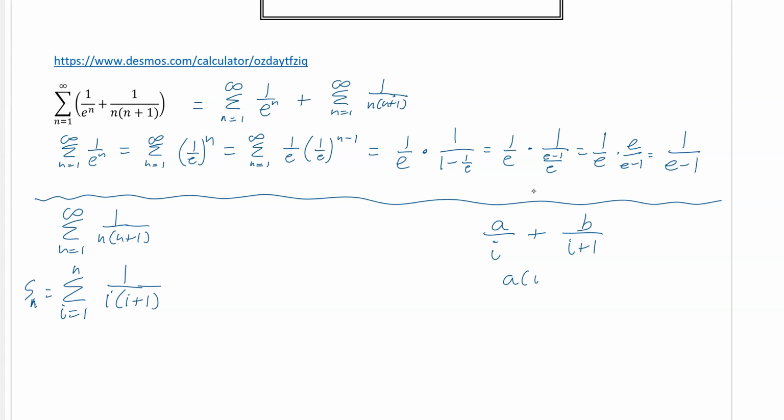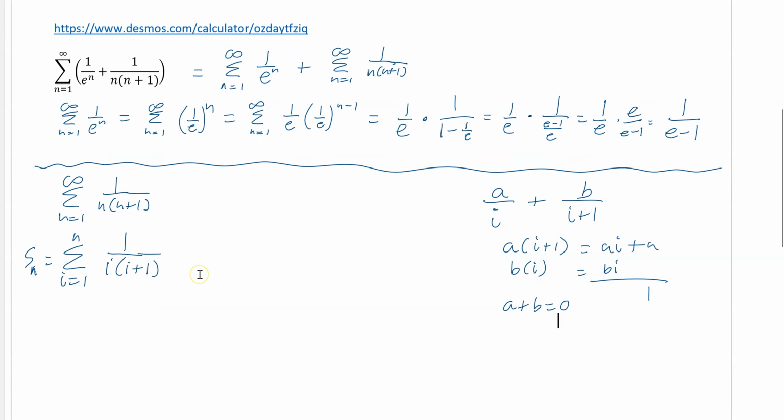And so this would be a times i plus 1 and b times i, which is ai plus a and bi. We need these to add up to be 1. So a plus b is equal to 0 because there is no i here. None. So they can't add up to anything but 0. And a equals 1. So that would imply that b is negative 1.